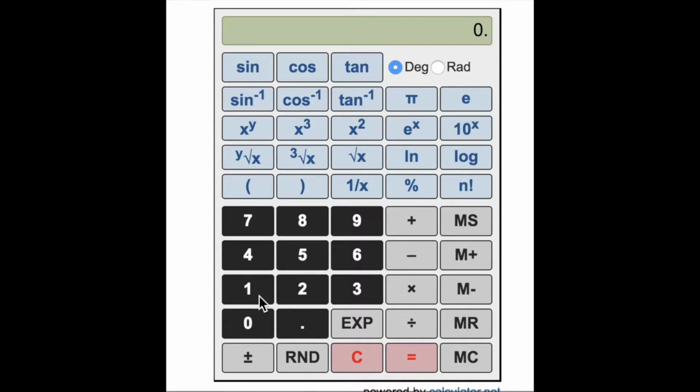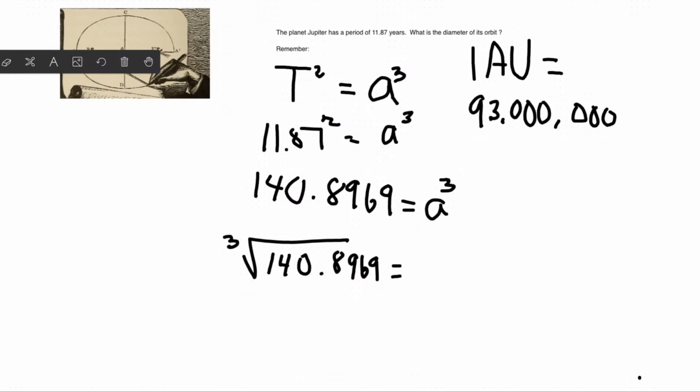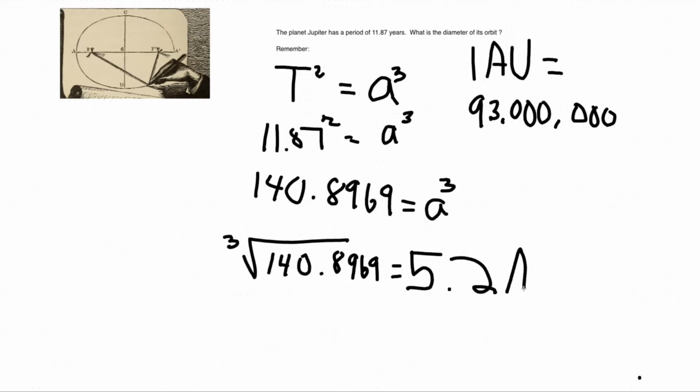So 140.8969, take the cube root, and that should give us about 5.2 astronomical units. Jupiter is 5.2 astronomical units away from the sun.